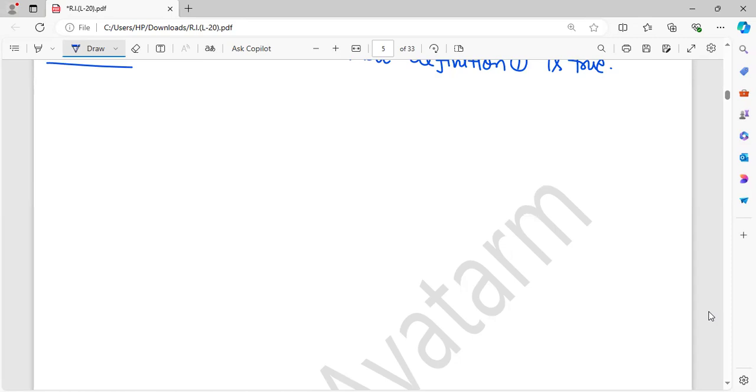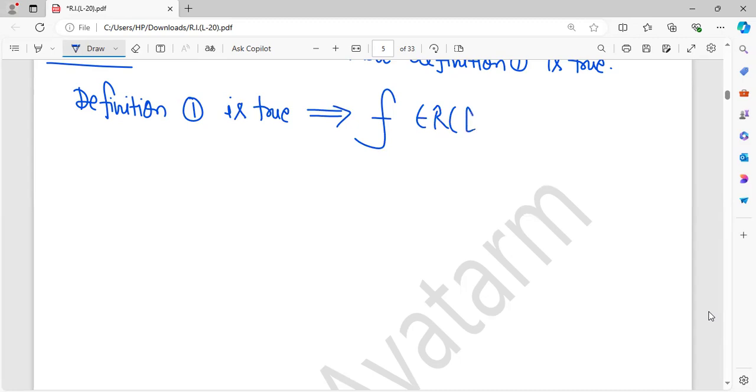Definition 1 is true means what? It implies that f is Riemann integrable over the closed interval [a, b].